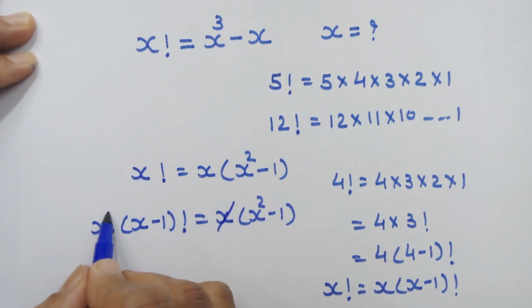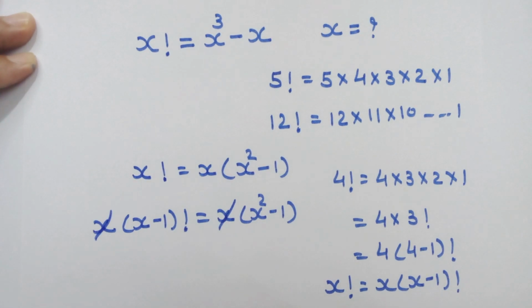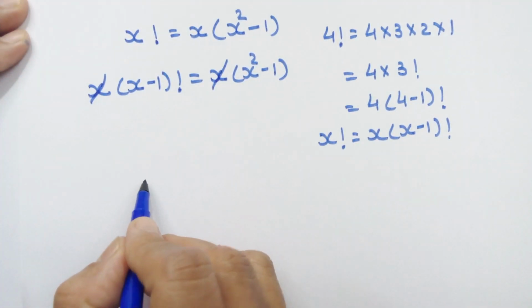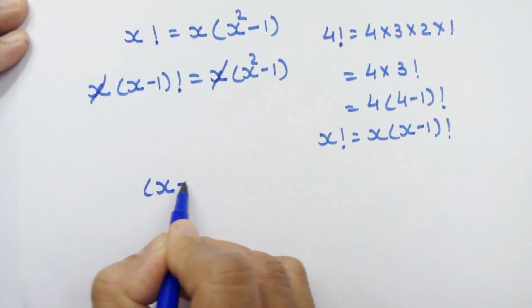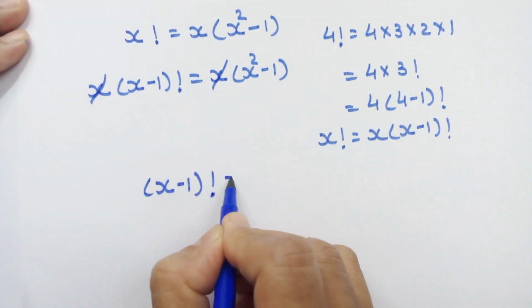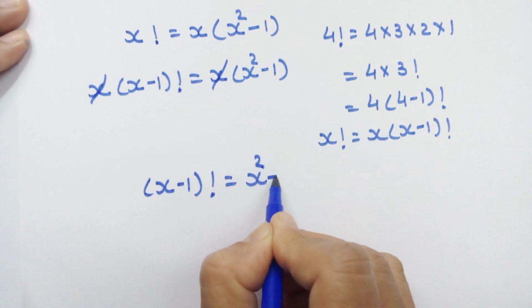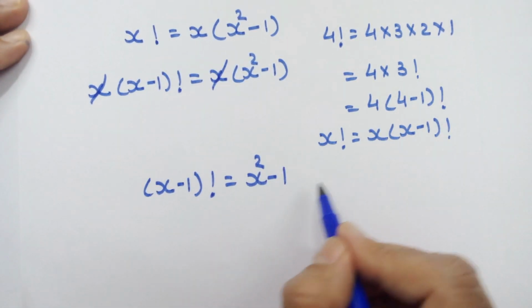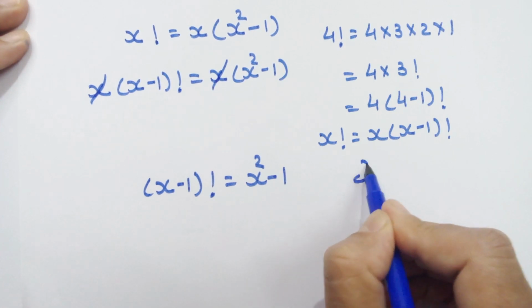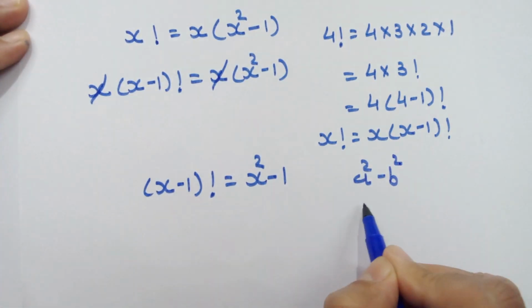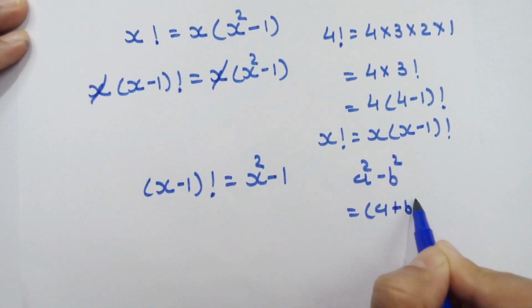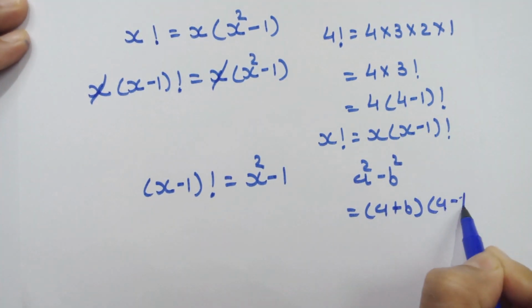Now this x will be cancelled from both sides. So we have x minus 1 factorial is equal to x square minus 1. Okay, now we have an identical situation like this. a square minus b square is equal to, we can write a plus b into a minus b.